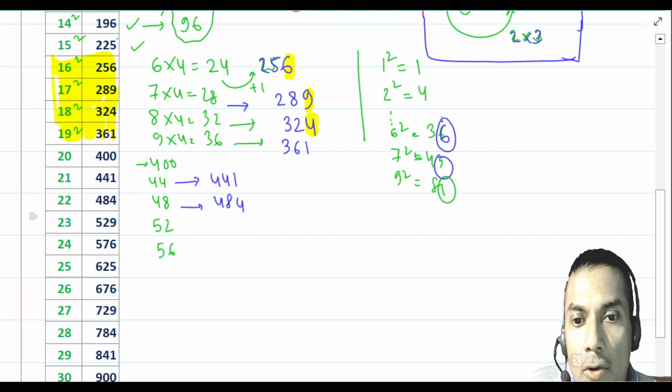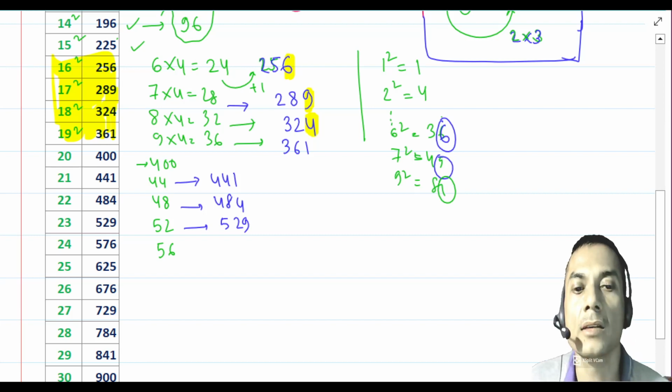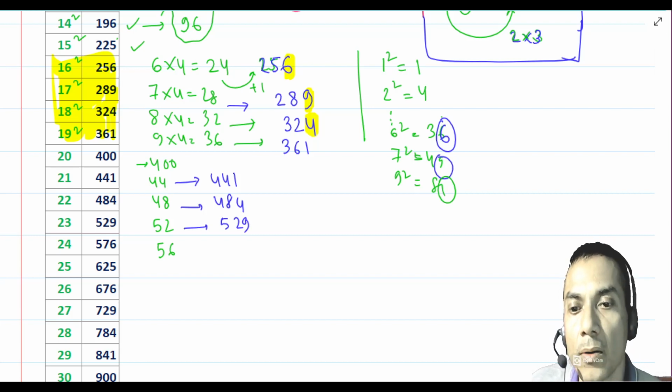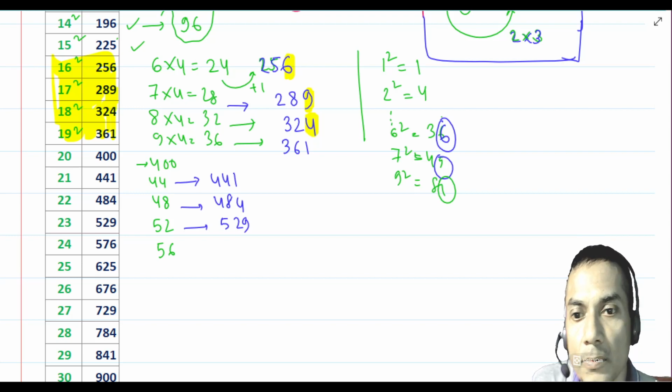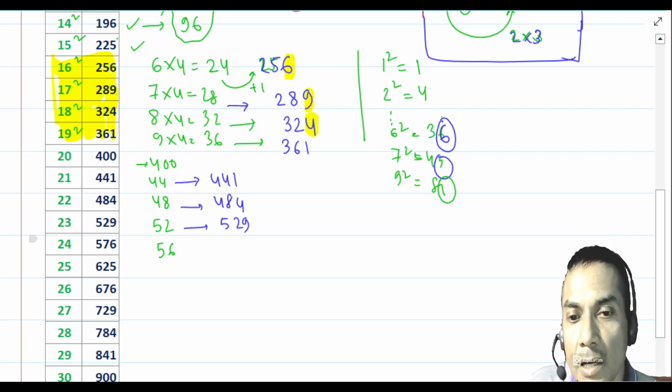And 23, according to the series it is 52. Again you write down the 52 and 3 square 9, very easy. And here 56, but here is a problem. 4 square is 16.